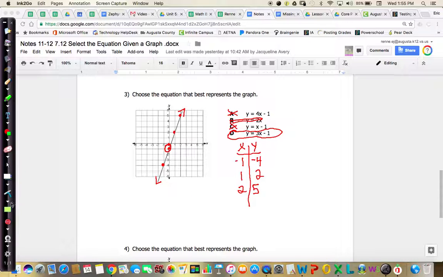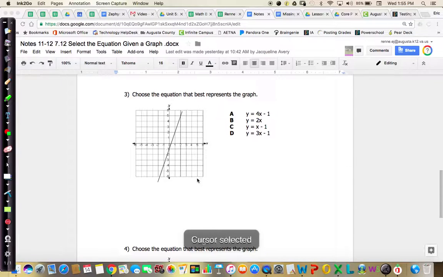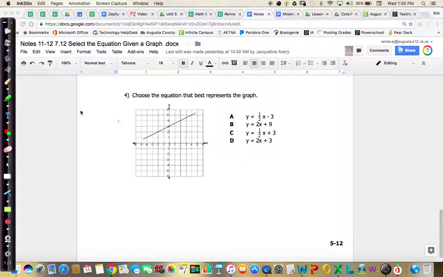Okay, and let's look at our last example, example number 4. So once again, choose the equation that best represents the graph. And for whatever reason, my lack of technology didn't allow me to make lines here, so we got to make our own arrows. So circle your target or your y-intercept, and I'm circling 3.